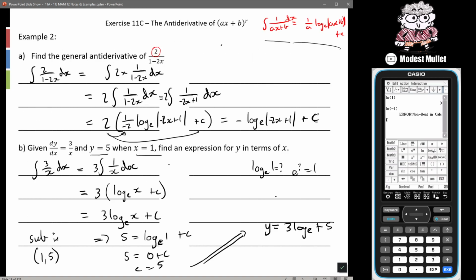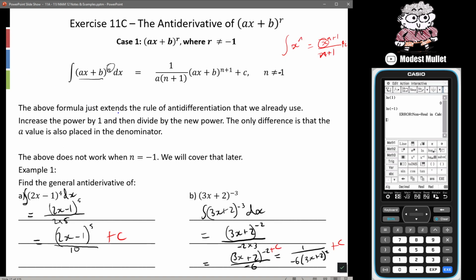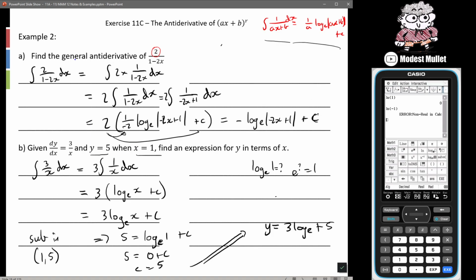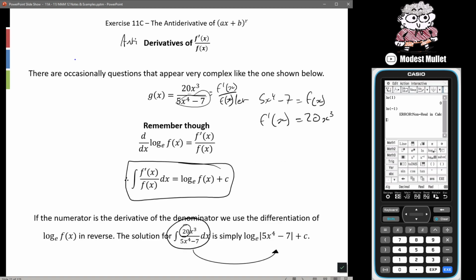You are given this one, but you are not given this situation, and you are not given this situation. So those are the two that you need to remember off by heart. And also how to remember just that you can have those hidden hyperbolas that can be adjusted.